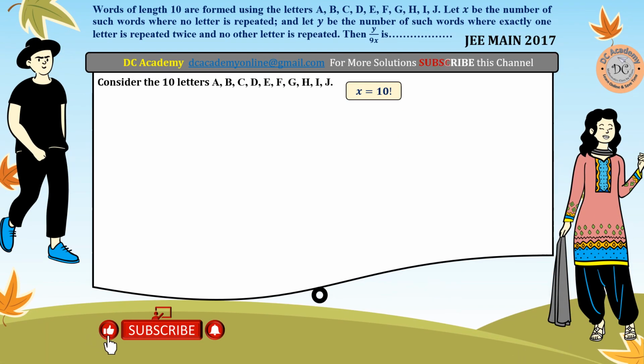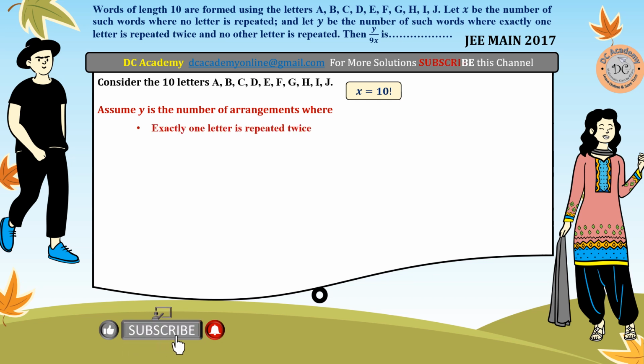Now we need to find the value of Y. How do we find it? Y is the number of arrangements where exactly one letter is repeated twice and no other letter is repeated. So first we consider the concept itself. One letter out of 10 letters is repeated.